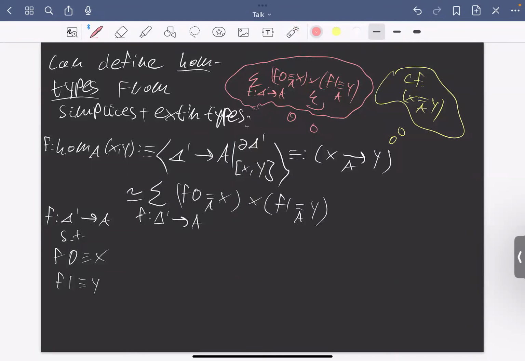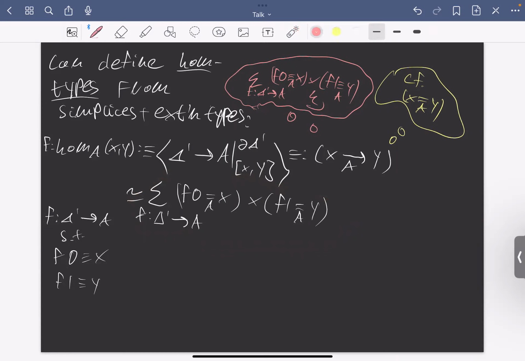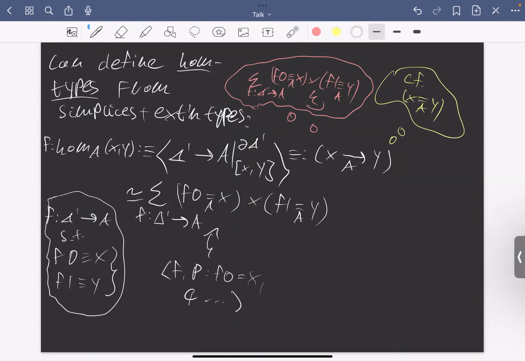And so one could instead just use this kind of definition from the get-go. So the inhabitants here would not be functions like this with also these two judgments, but it would be triples F, P, Q, where P would be a path like this, and Q would be the other path.